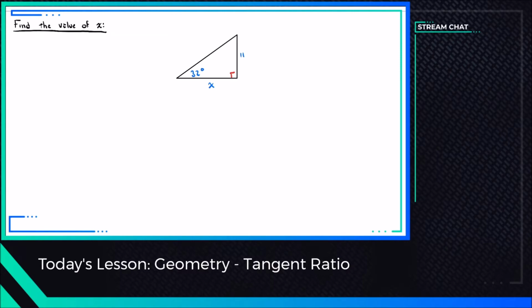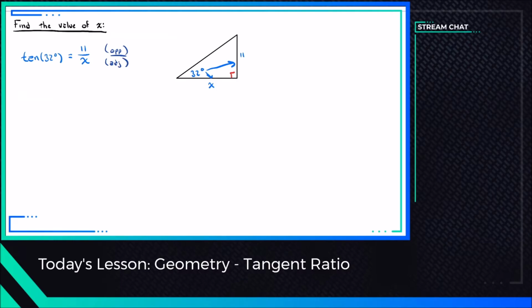We know that the tangent of this angle of 32 degrees is going to be equal to the leg that is opposite over the leg that is adjacent. So that's going to be 11 over x, because that is opposite over adjacent.